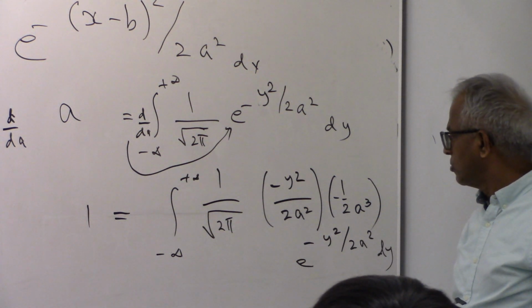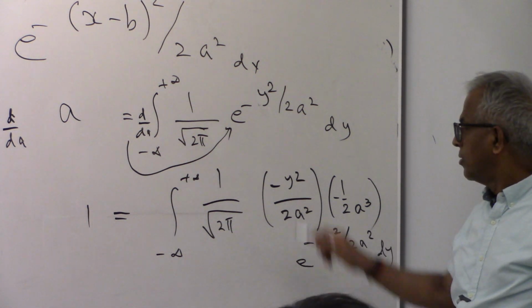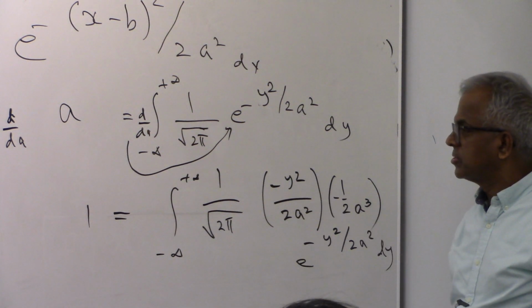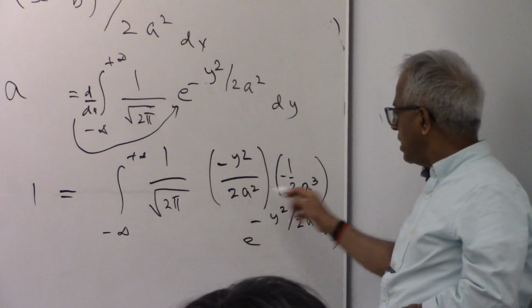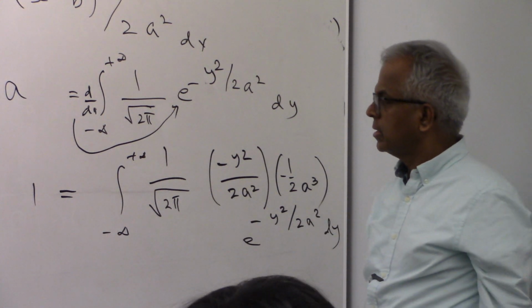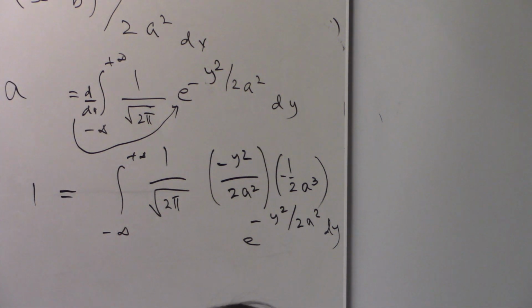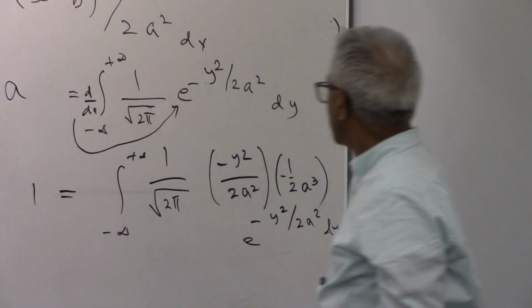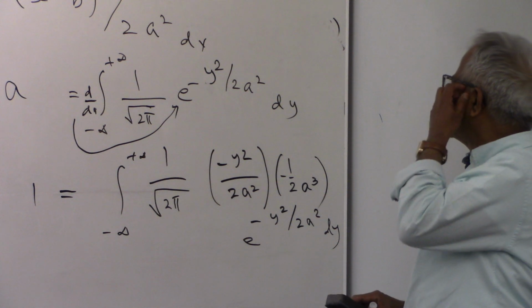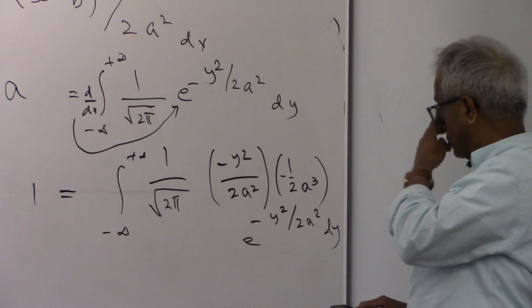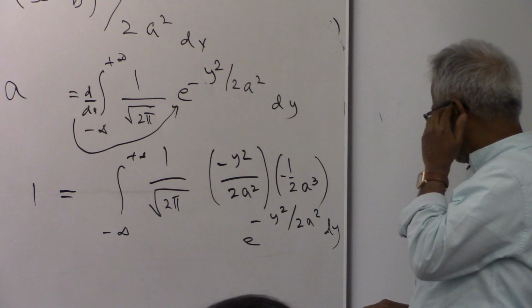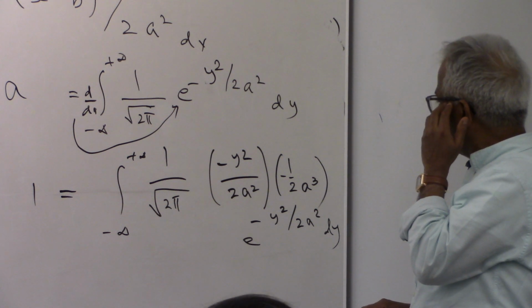So we'll put it this way. All right, minus minus becomes plus. I'm going to take this a and plug it in here. So this turns out to be... any mistakes?